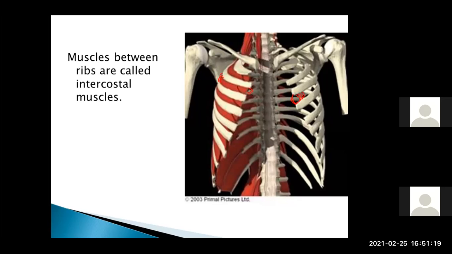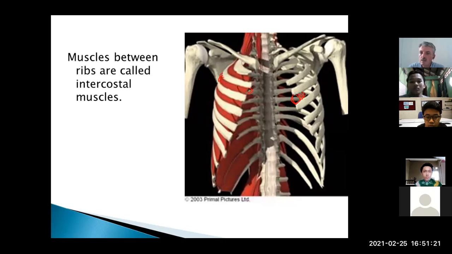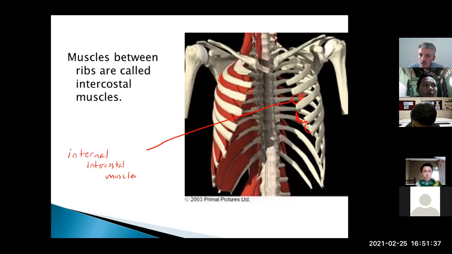They do different things. Let me show you the inside one first. The inside ones are called internal intercostal muscles. So they are inside the rib cage.